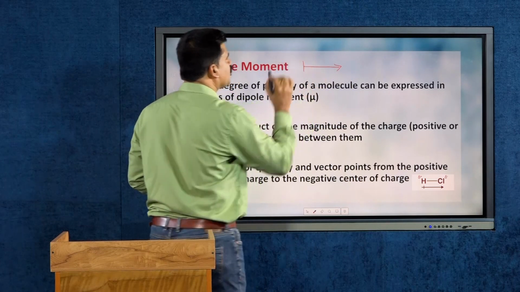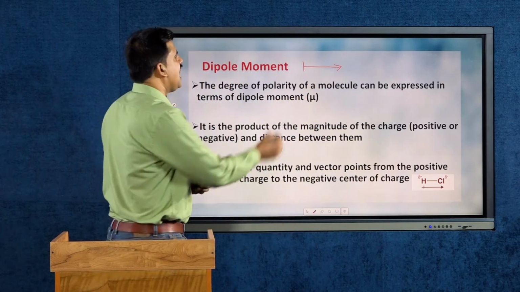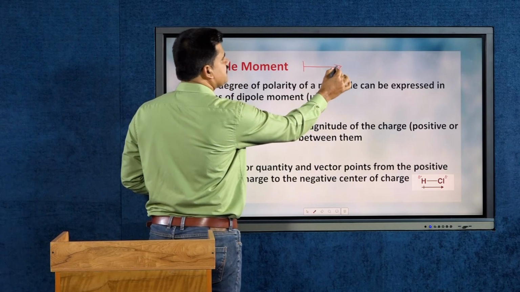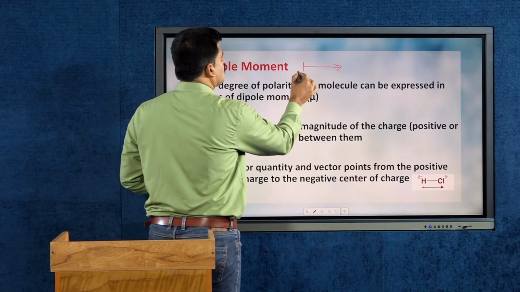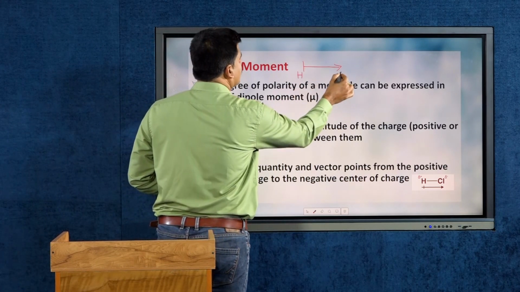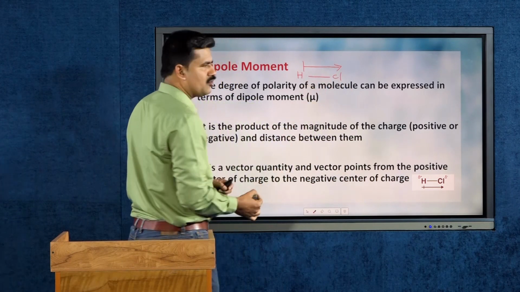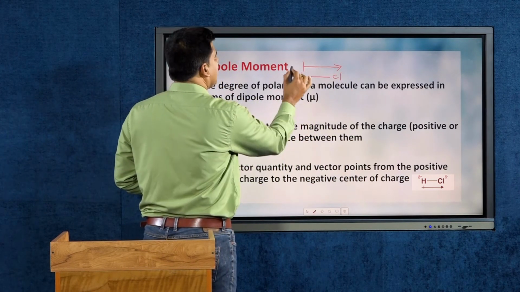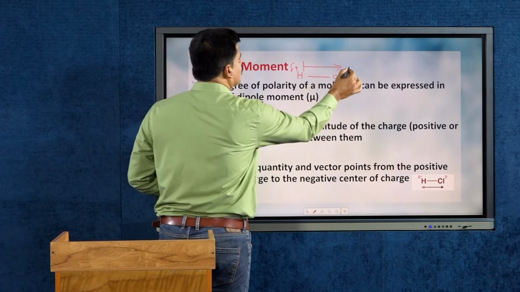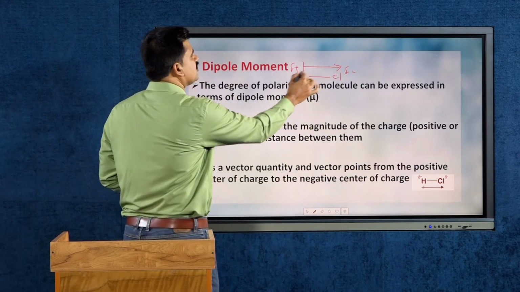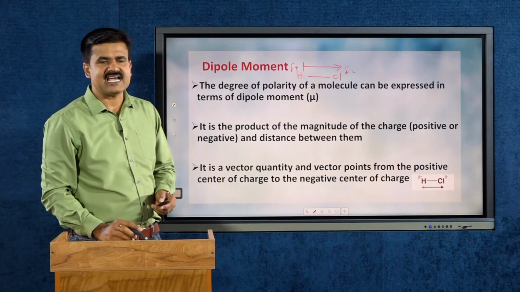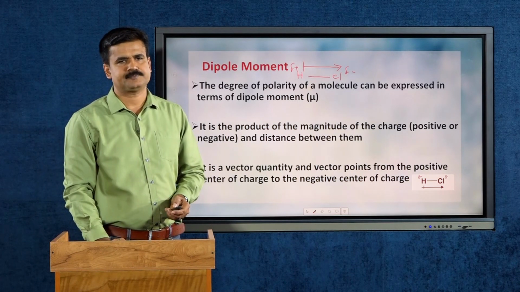So, this is the notation of the dipole moment, and its direction is from positive to negative. If we take the HCl molecule and represent its dipole moment, you can use this notation. Hydrogen is partial positive and chlorine is partial negative. So, this is the notation and direction of the dipole moment.